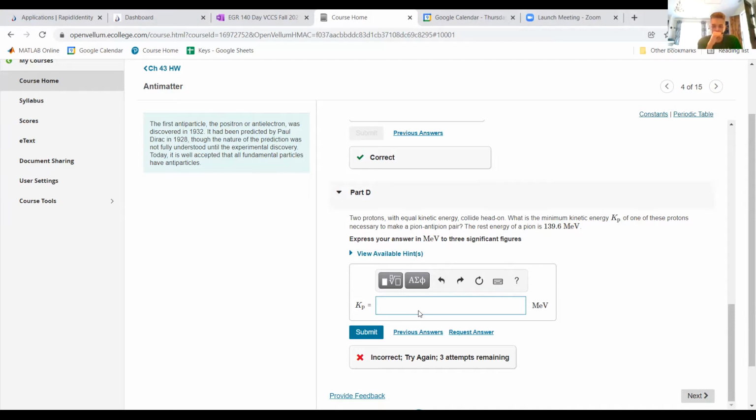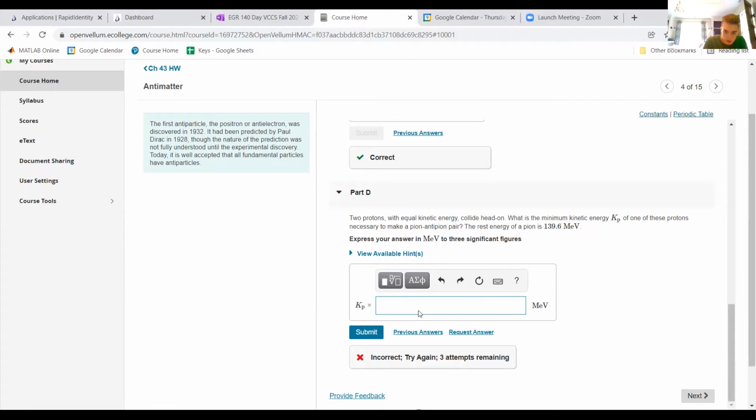You take the proton, which is I think 938.27 MeV rest energy, and you add that to the kinetic energy of the proton, and then we add another one because it's 2 protons, and all that must add up to the kinetic energy of the pions plus 2 times the rest energy of the pions.